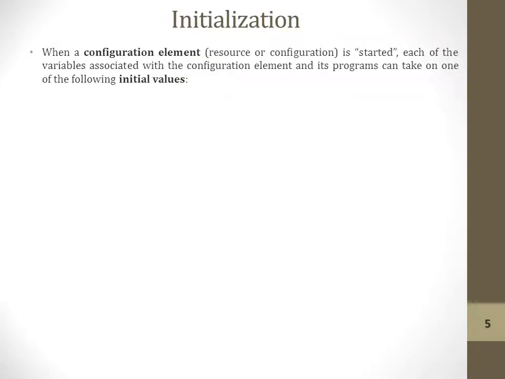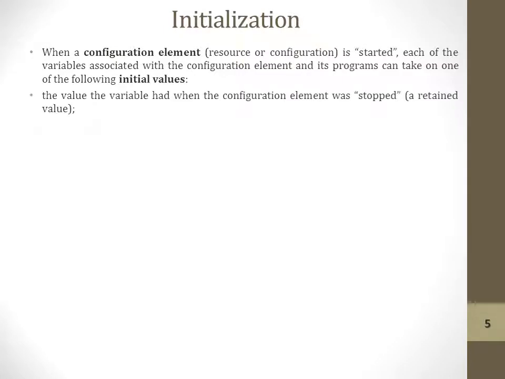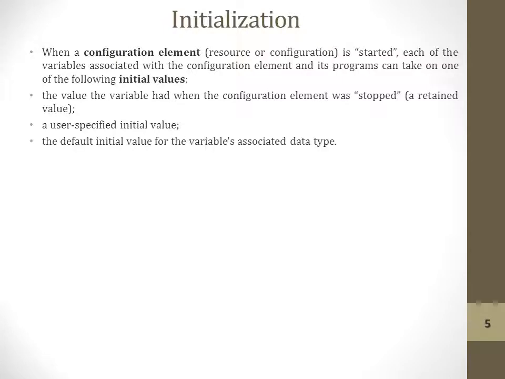So let's talk about the initialization process. When a configuration element, resource, or configuration is started, each of the variables associated with the configuration element and its programs can take on one of the following initial values: the value the variable had when the configuration element was stopped, a retained value, a user-specified initial value, or the default initial value for the variable's associated data type.